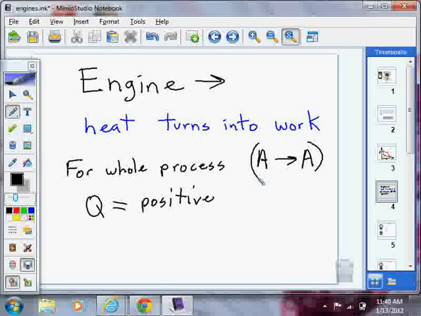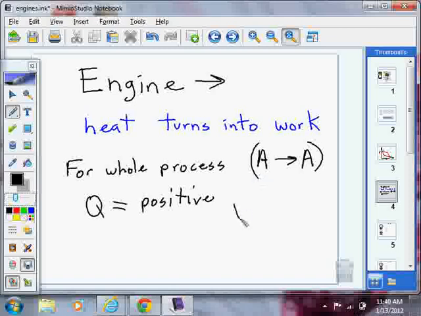And for the whole cycle, you want the gas to do the work. The gas is going to push up that piston and ultimately turn the shaft that turns the tire that makes you go down the road. But you got to be careful on that, because if the gas is doing the work and is lifting up the piston, what's going to be the value of the work for the whole cycle if it represents an engine? Negative. It's going to be negative.